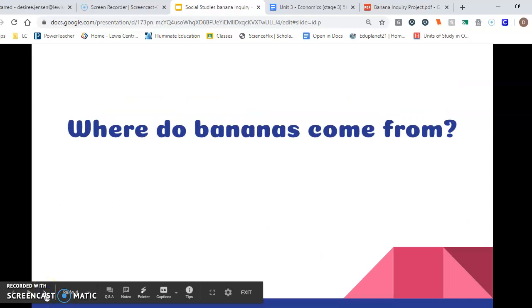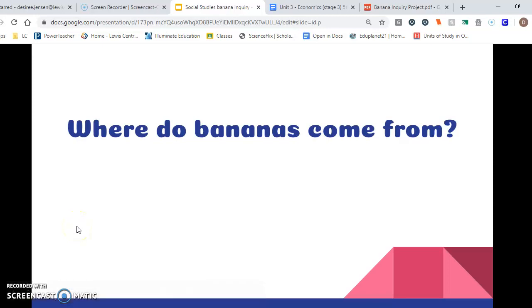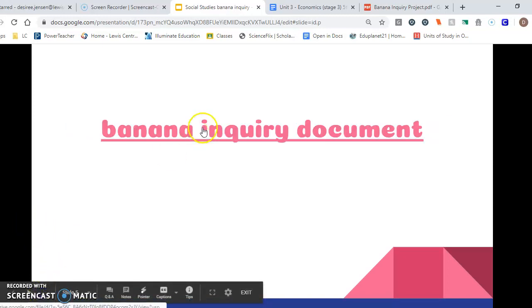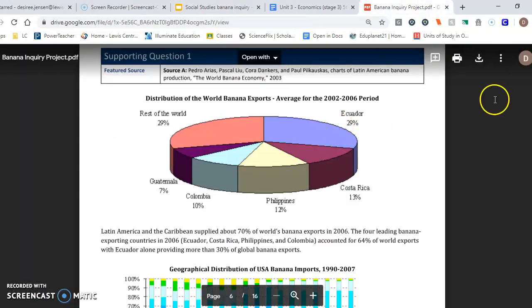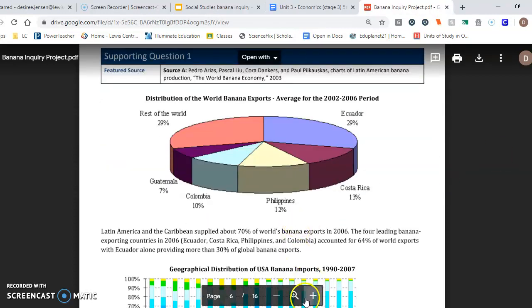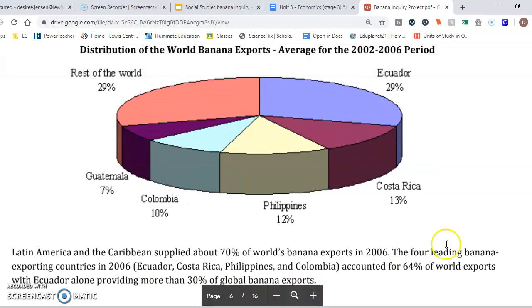So the question that we're going to investigate is, where do bananas come from? There are different things that we walk through and look at as we go through this investigation. So I want us to take a look at this document here.